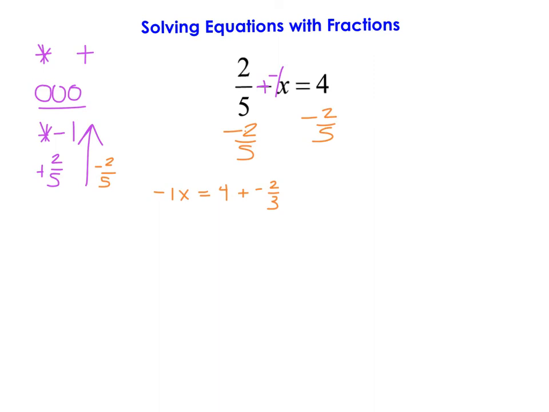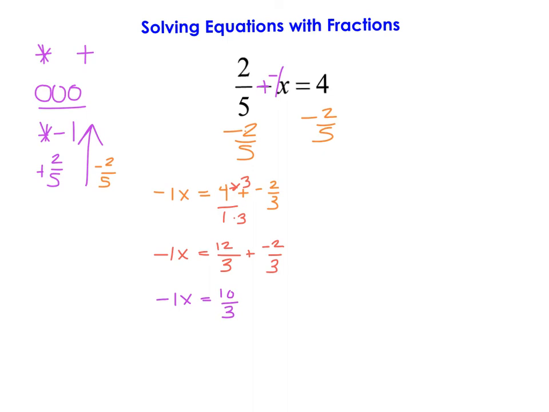So from here, I'm going to start by doing 4/1, and then I'm going to multiply both the top and the bottom by 3. So I have -1x is equal to 12/3 plus -2/3.